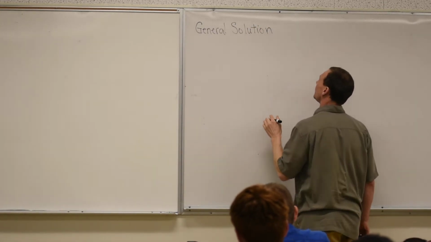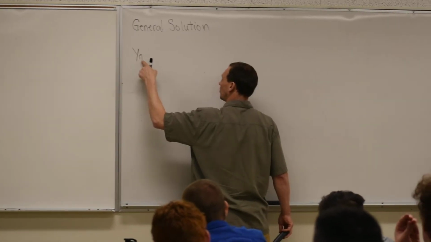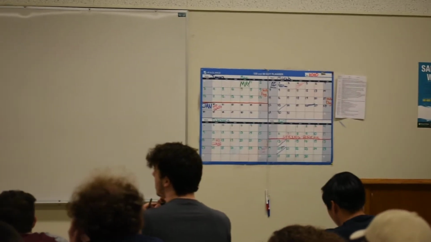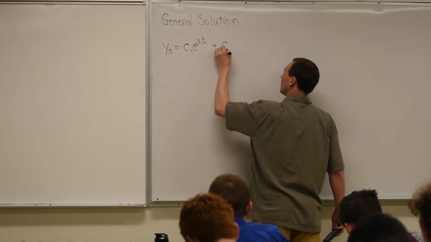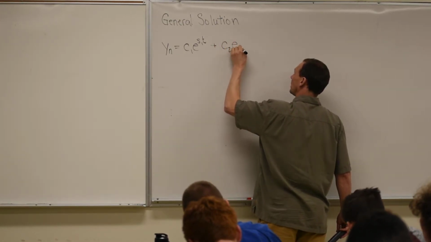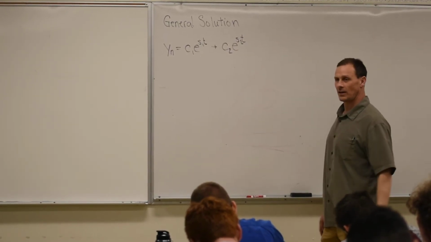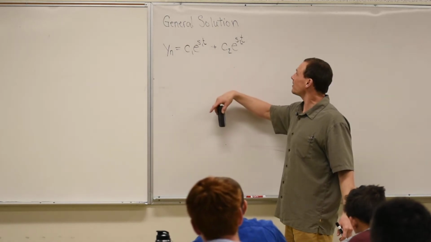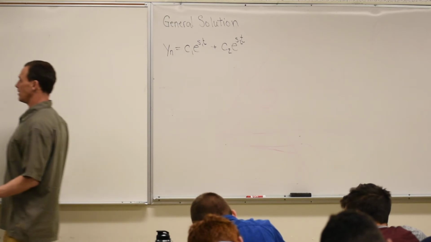The general solution is of the form y n. Remember, this is our null solution. It's some C1 e to the s1 times t plus C2 e to the s2 t. Okay. If these are positive, e grows outrageously fast. So the whole solution explodes.